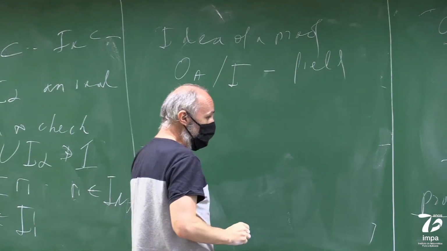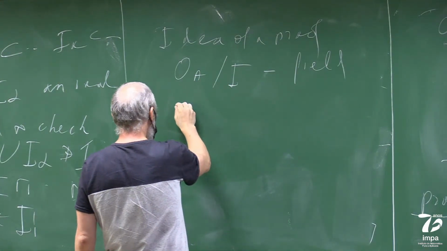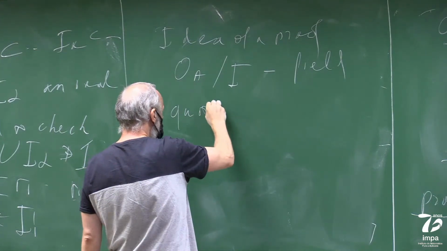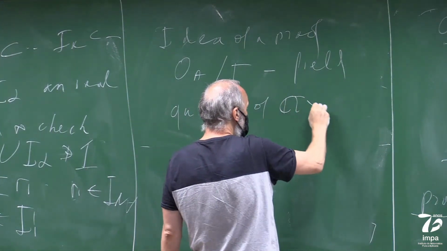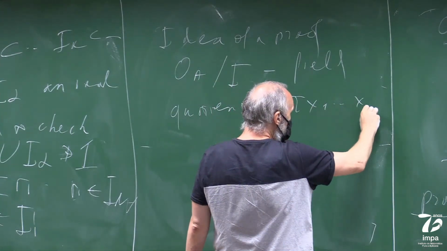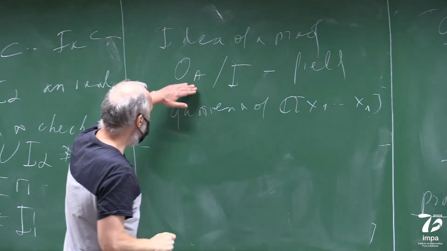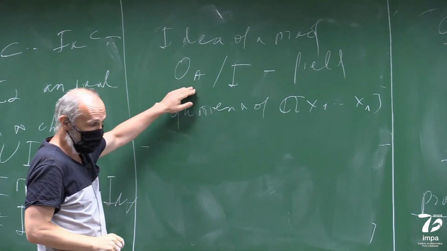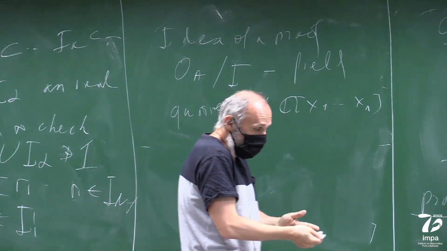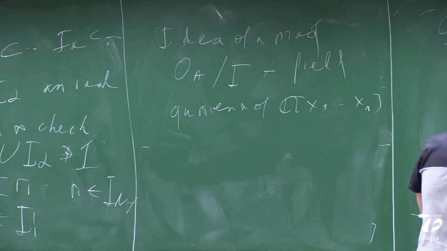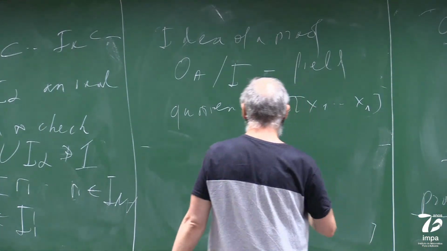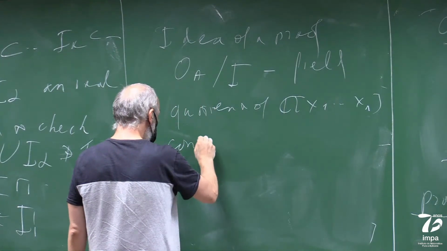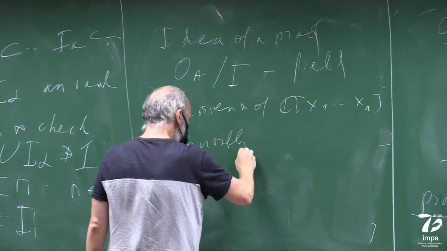But it's a quotient of the polynomial ring C[x1, ..., xn]. I mean, these polynomial functions are generated by coordinate functions as a ring. So it's countably dimensional.